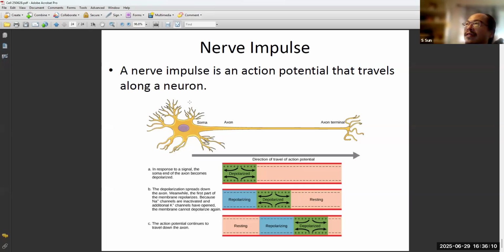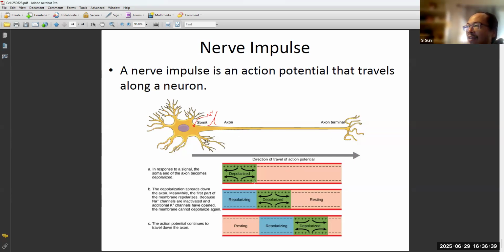Let me draw it here. It allows sodium to go in. Even though it's very local, it allows sodium to go in. This sodium is gonna diffuse across, and when it diffuses across, it's gonna trigger an action potential. So this action potential is gonna propagate from the soma, from the location where they receive the stimulus, all the way into the axonal terminal.